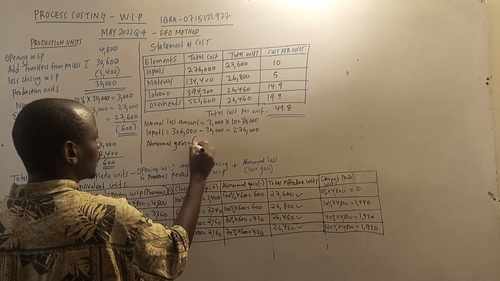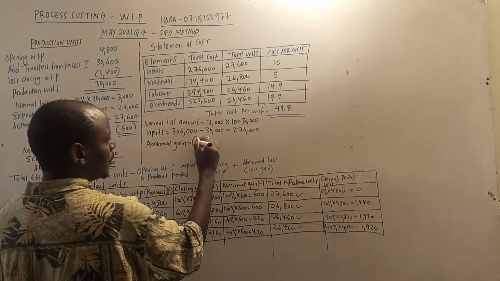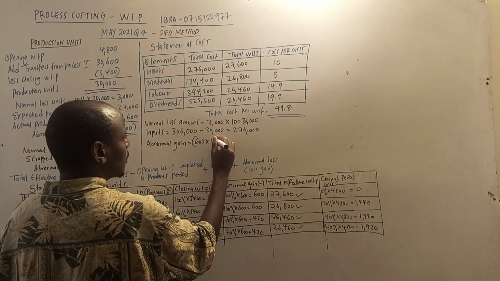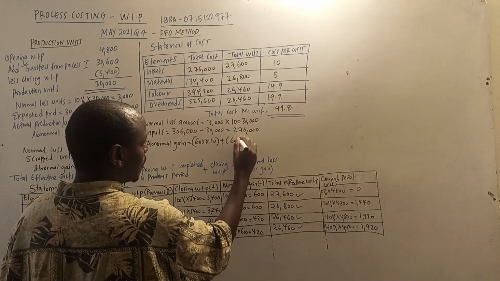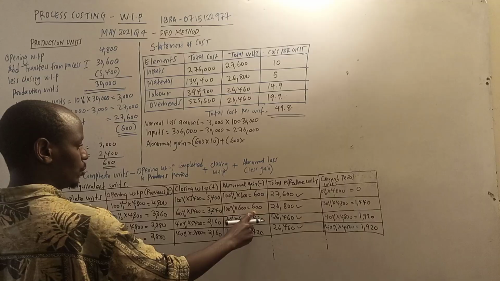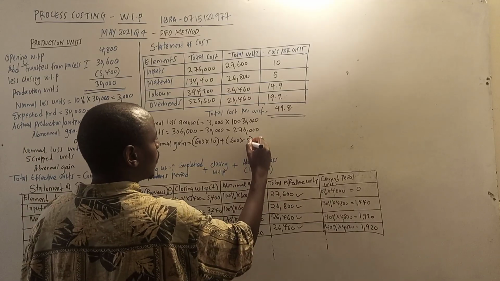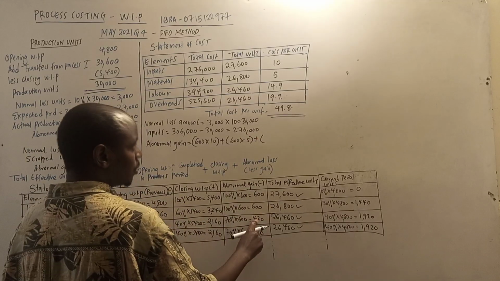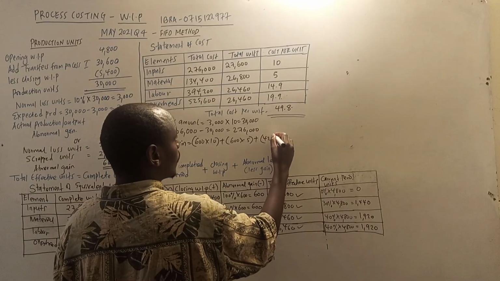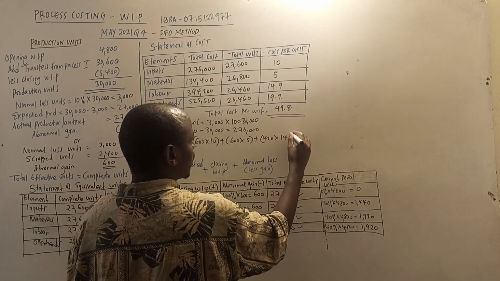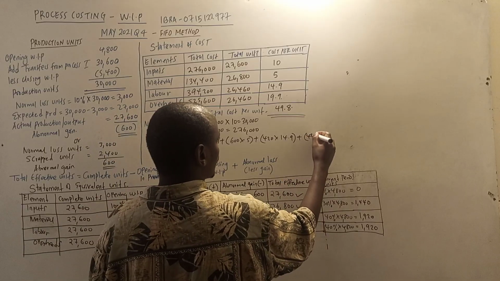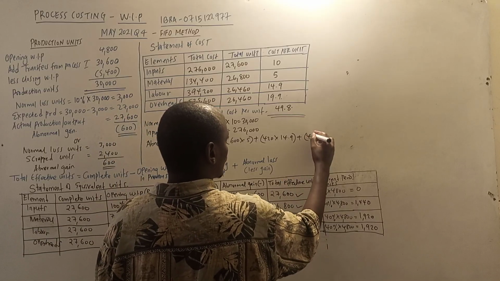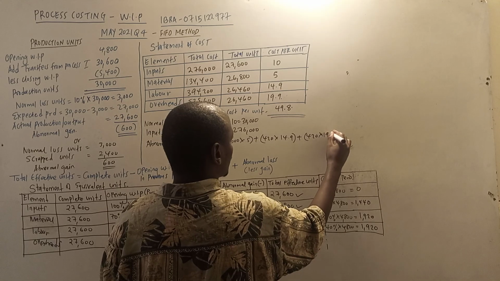Abnormal gain. So we say 600 times 10, then 600 times 5 for material, and then 420 times 14.9, then 420 times 19.9.